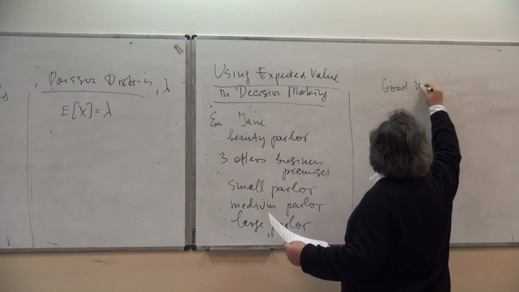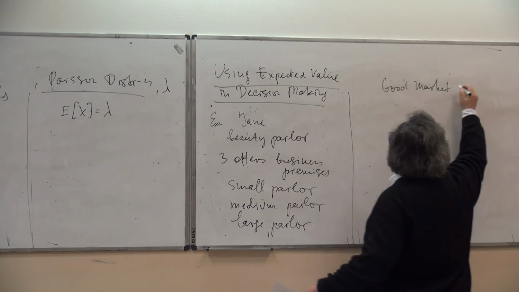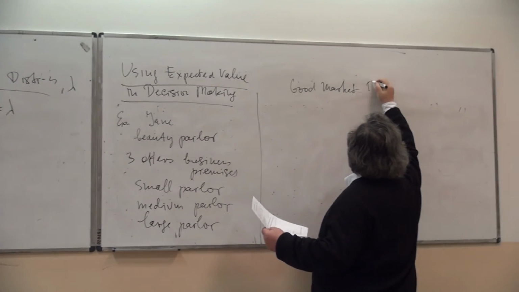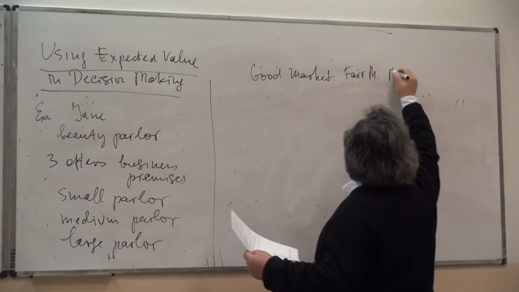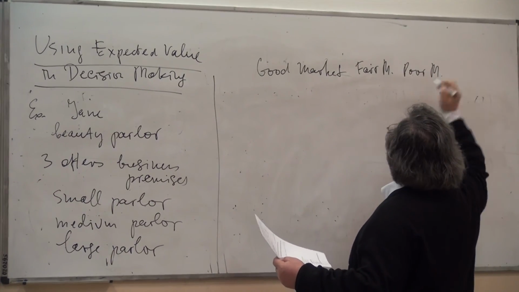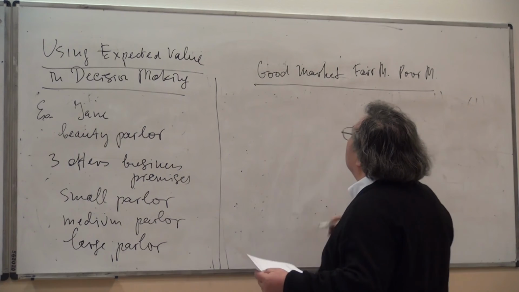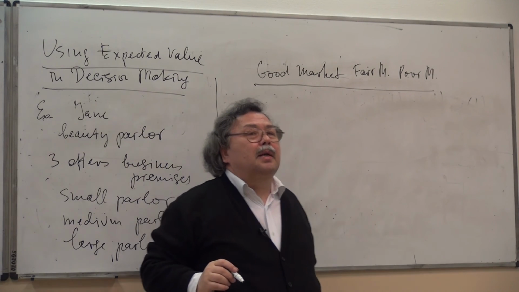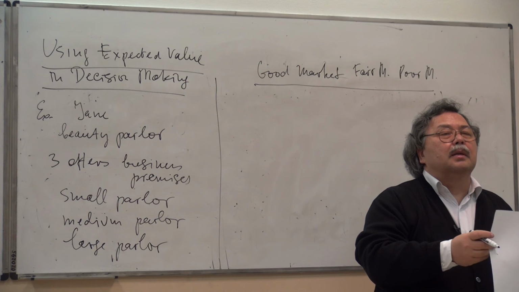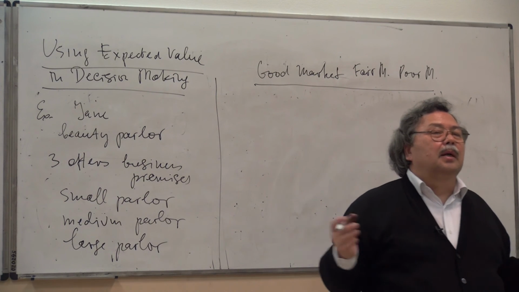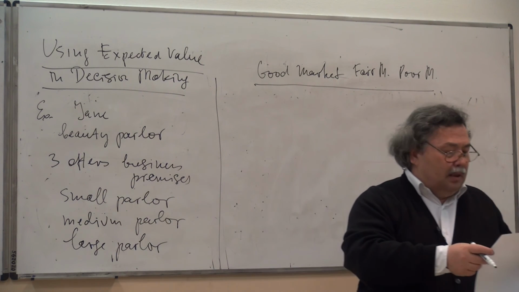So, good market, fair market, and poor market. Well, experts came up with some probabilities. It's just expert estimates. It cannot be proved in any rigorous way.